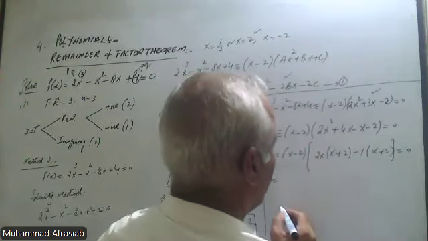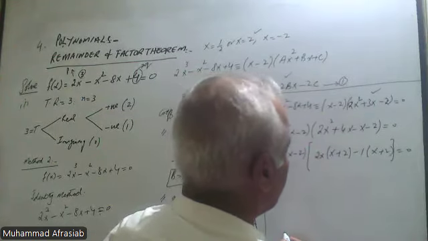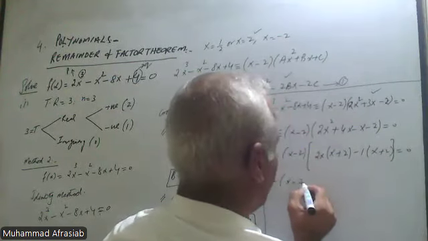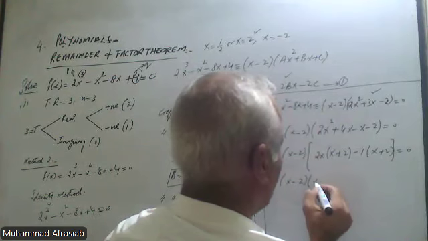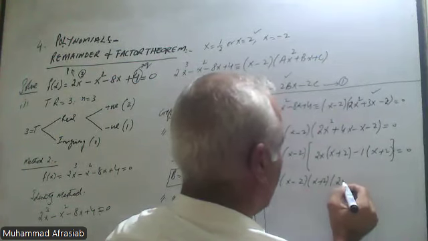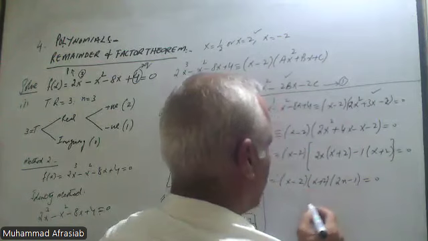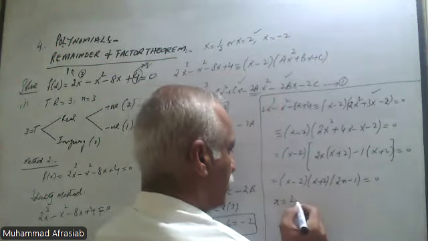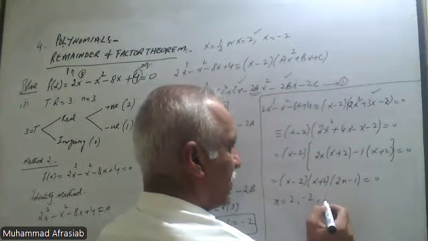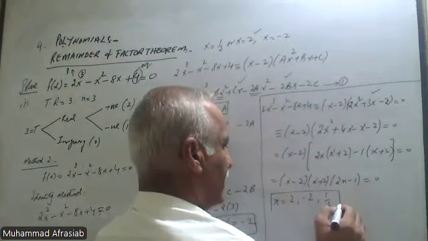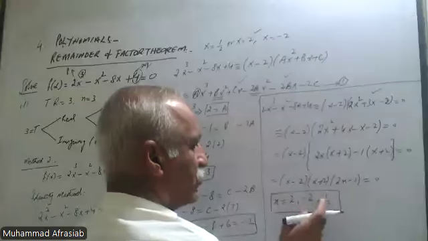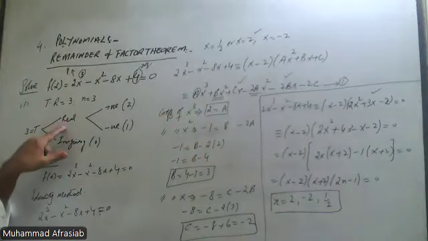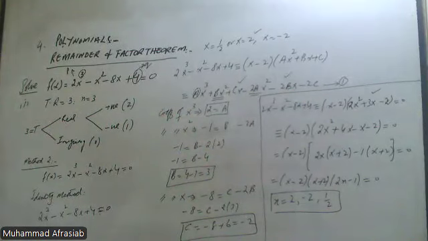This should be equal to x minus 2 into x plus 2 into 2x minus 1 equal to 0. So we get the values of x as minus 2, 2 and half there, which is already, there are two positive and one negative values which have been calculated in the previous part of this chapter.